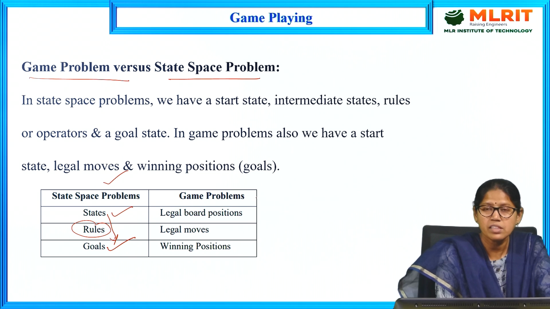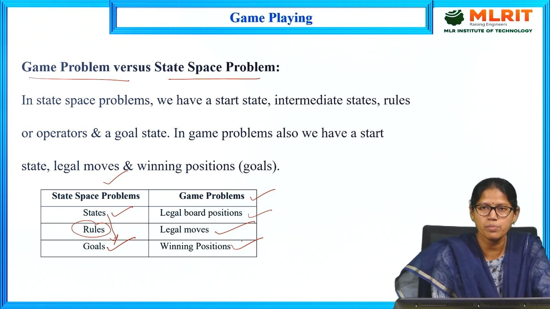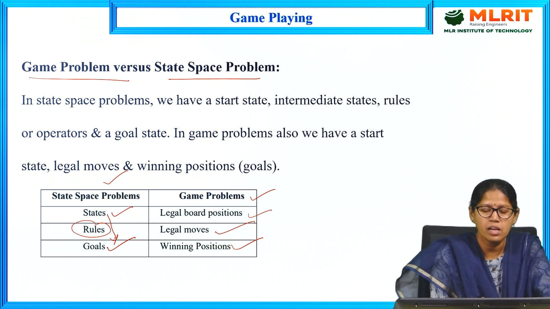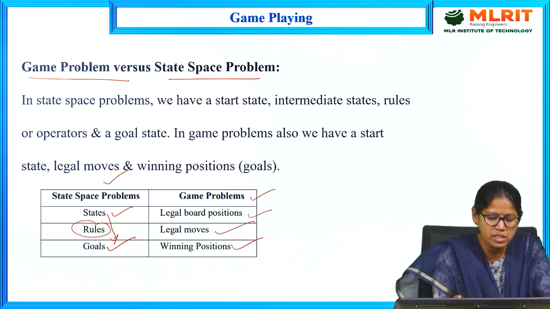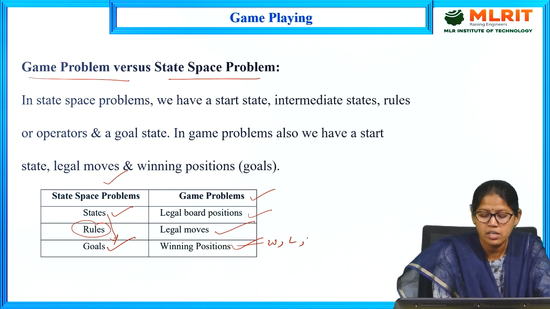In the same way, game problems also contain legal board positions, legal moves, and winning positions. If you take chess, there are positions where we play the horse, soldiers, king, or queen. Next, there are legal moves: only the horse can move in an L shape like that. And there are winning positions, such as win, lose, or draw the game.